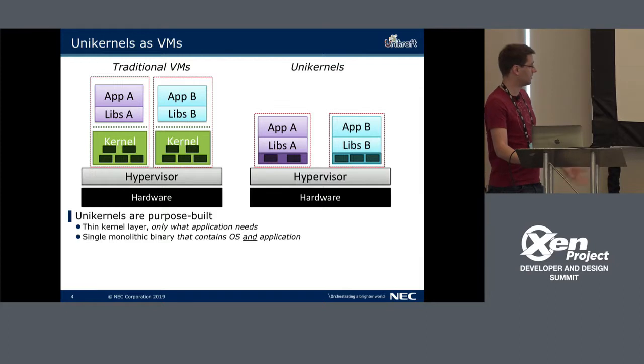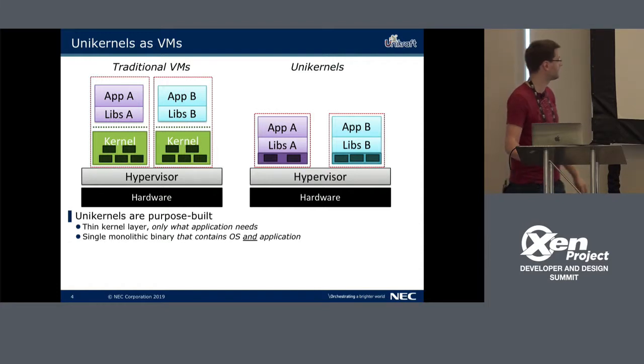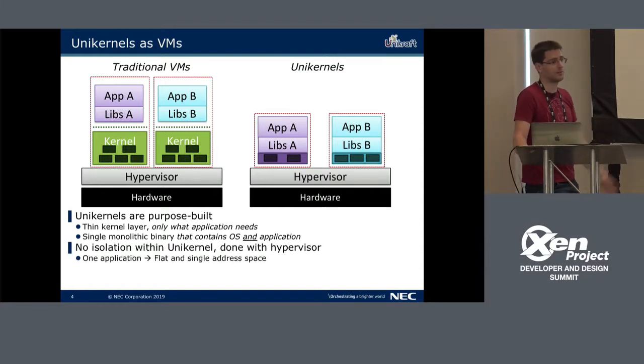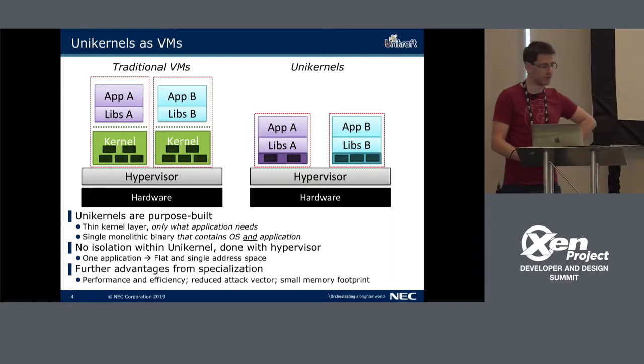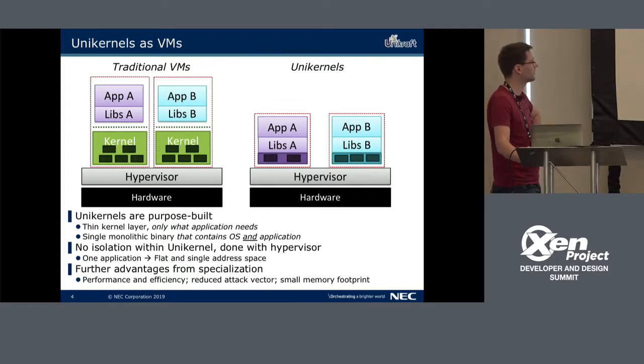As simplification, because we know it's just 1 application, you can build a monolithic binary. You can give up address isolation between kernel and application, so you get a single flat address space. And if you do, as we do with Unikraft, making use of specialization of these kernel layers, you get quite a lot of performance and efficiency benefits.